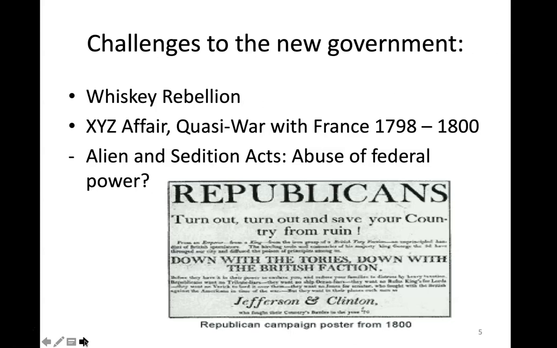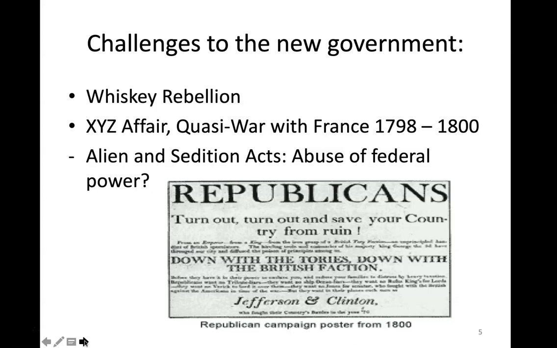And this basically insults France, and they start harassing our ships in the high seas and impressing sailors. To impress, quote unquote, sailors, it means something different back then. It means to kidnap them and force them to work on their ships, those wooden ships in the high seas, which is a terrible job back then, by the way.